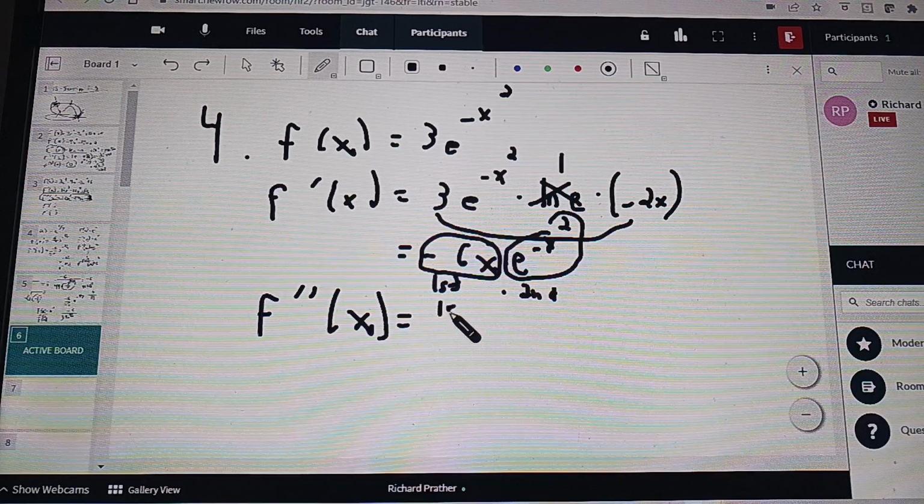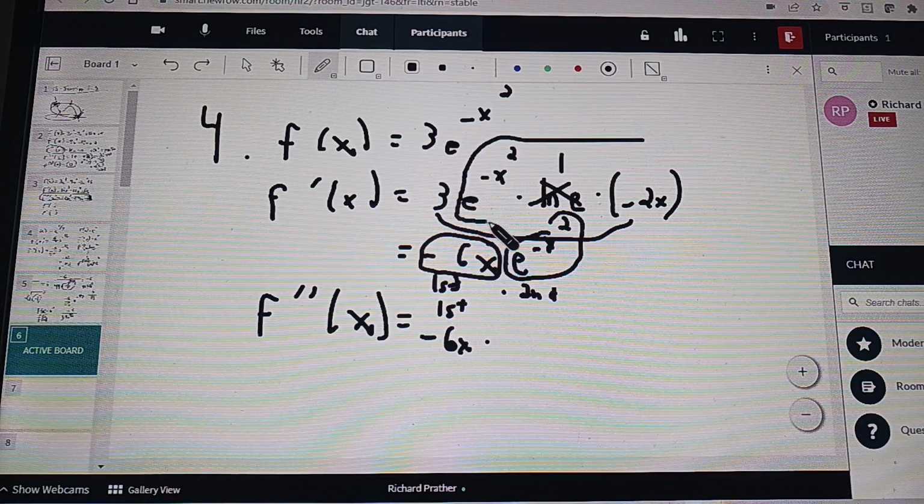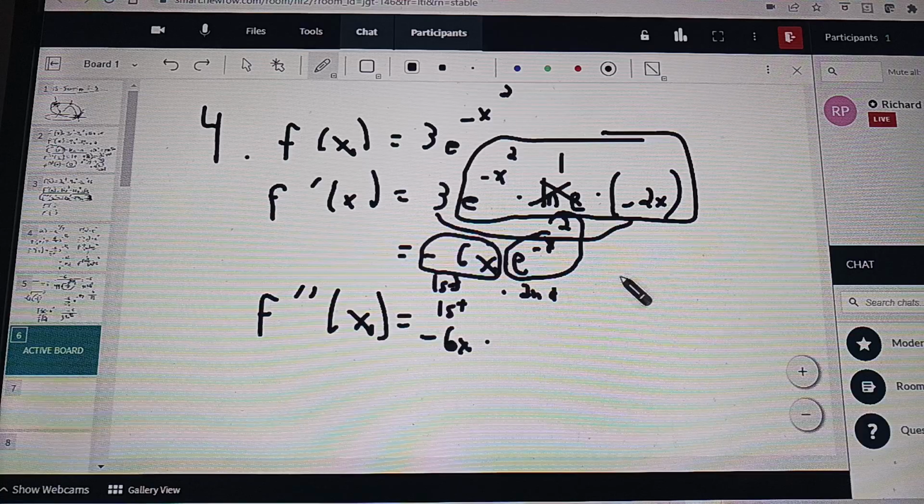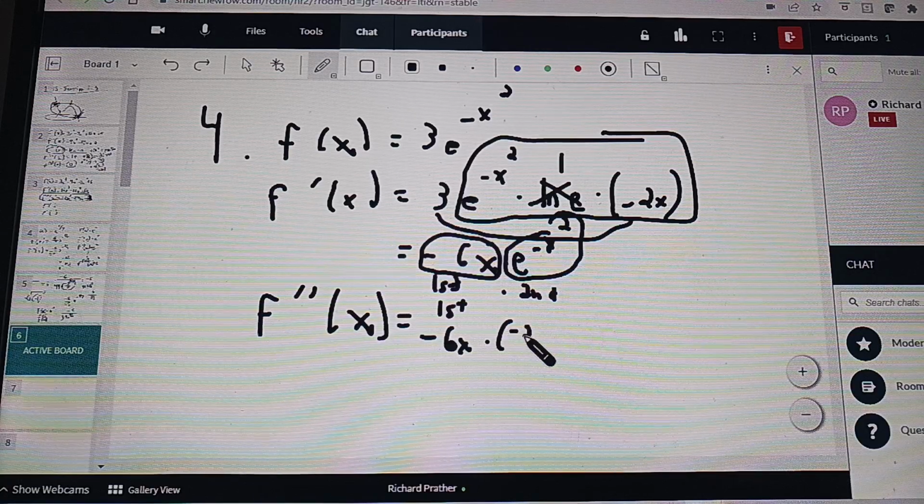So all these rules from chapter 4 can come up again. Now the derivative of the second is what I literally just did a second ago without the 3 on it. So that would be negative 2x e to the negative x squared.